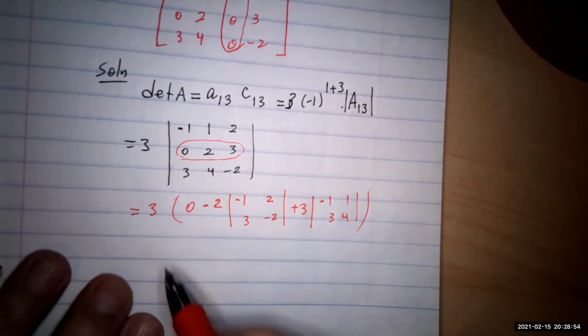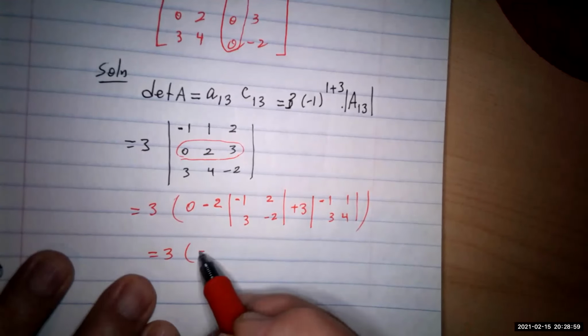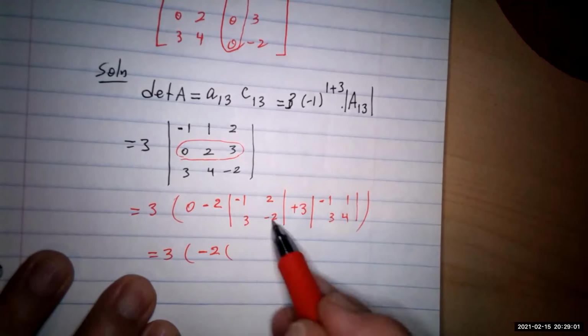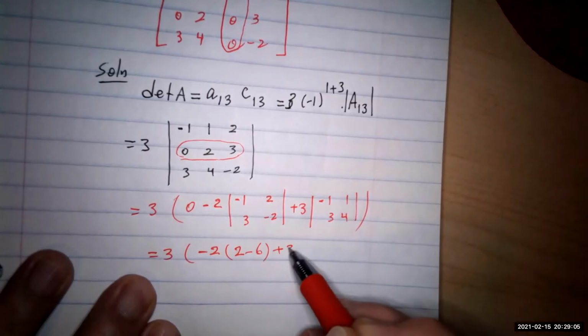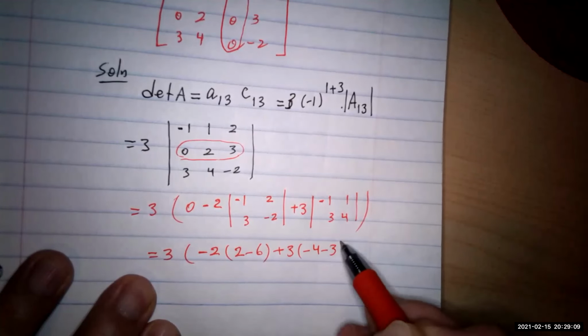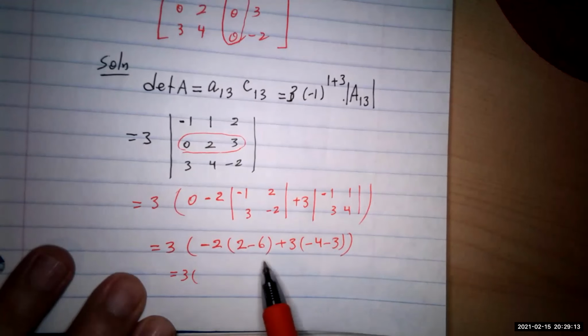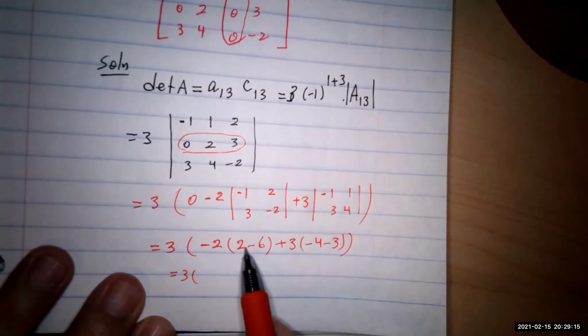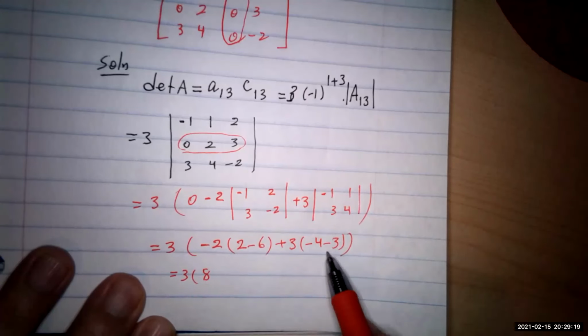See, it can be done easily. It's going to be 3 times this is a negative 2, cross multiply. So that gives 2 minus 6 plus 3, cross multiply. So that gives negative 4 minus negative 3. So what's going to be the result? It's going to be 3. It's a negative 4. Negative 4 times negative 2 would be 8. And this is going to be negative 7.